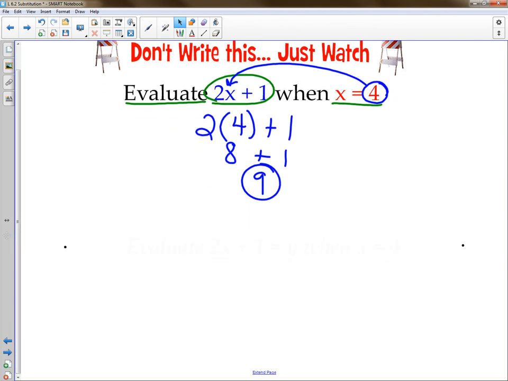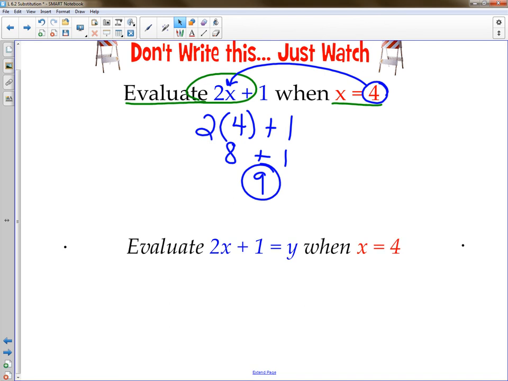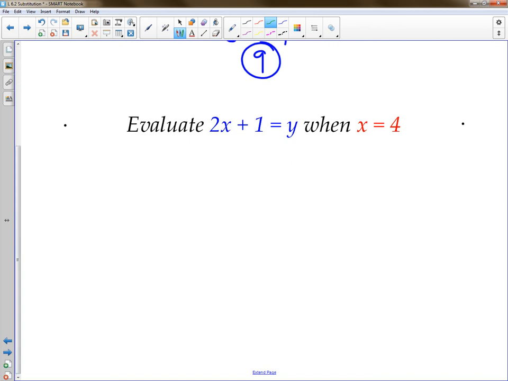Now if I were to take this expression and make it an equation like I have in this second part, 2x plus 1 equals y, now it's an equation, I can still use the substitution method, and I can still substitute the value 4 in place of the letter x, and when I do that I get 2.